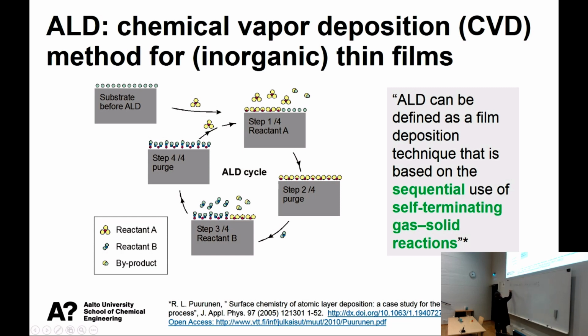So if you would be monitoring the mass, like some people do, I never had that in my reactor, and you would, let's put here time. Typically you would have, in the first reaction, the mass would increase and then stabilize to some level. Then when you bring in the second reactant, the mass can increase or it can decrease. Actually, quite often it decreases if you have heavy ligands that are being removed. And then again, this is something that you repeat as many times as you want to grow the film.